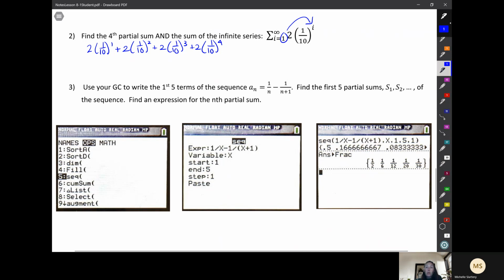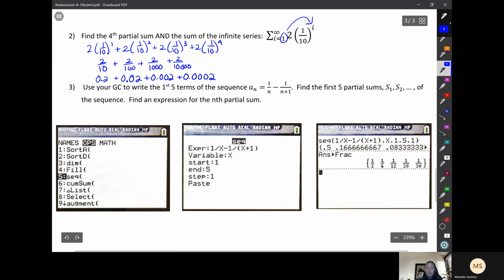All right. So if I calculate this then, here I have 2/10 plus 2 100ths, and then 2 thousandths, and 2 10,000ths. If I change those to decimals, we have 0.2 plus 0.02 plus 0.002 plus 0.0002.